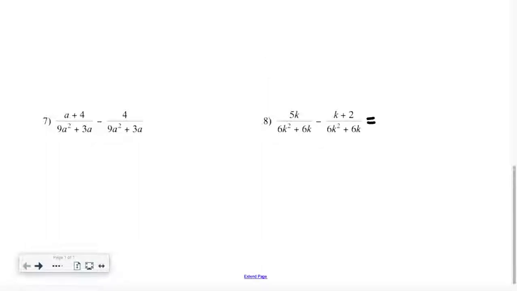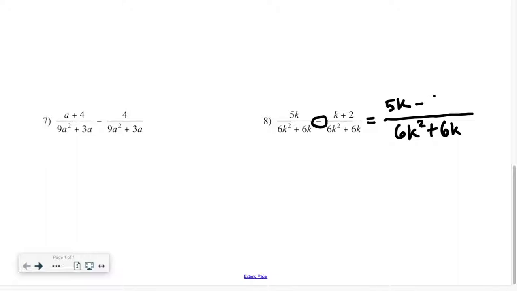So when we subtract, guys, of course the signs are going to be important. Mr. Lavarchik and I might do these slightly different. I'm going to set it up like this. So again, we know that denominator is going to stay the same. So we can go ahead and write the denominator. On top, we have 5k minus, I'm going to put that second numerator in parentheses.